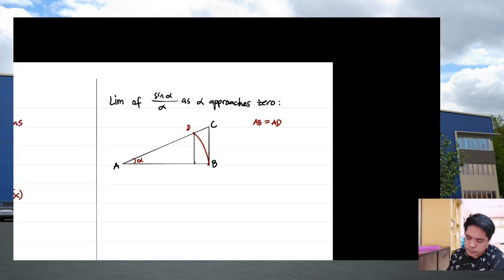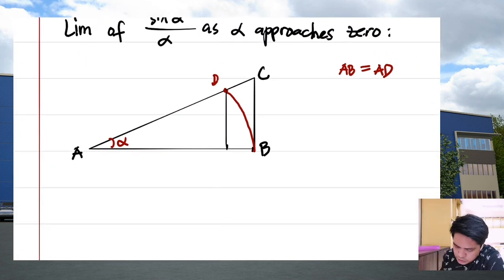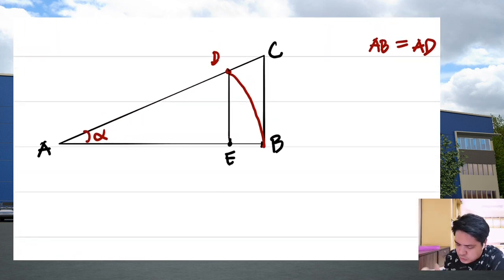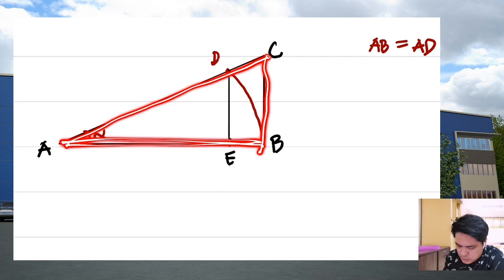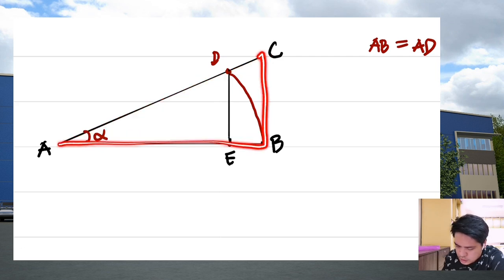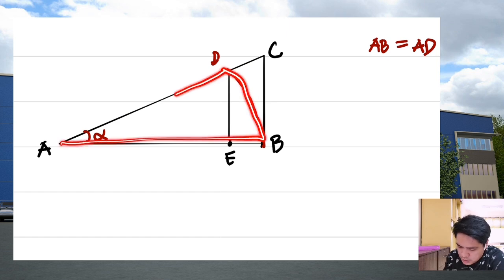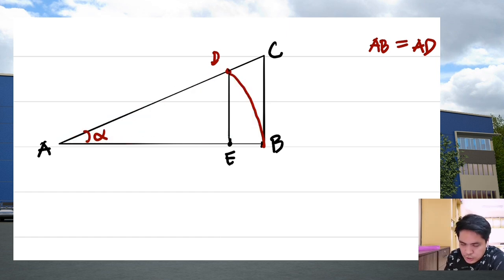Ayan. So in this figure, lagyan natin ng label yung baba. Let's call that E. So in this figure, we notice that meron tayong etong triangle, which is the biggest triangle, triangle ABC. Then we have a sector ABD, and we have a smaller right triangle, which is AED.